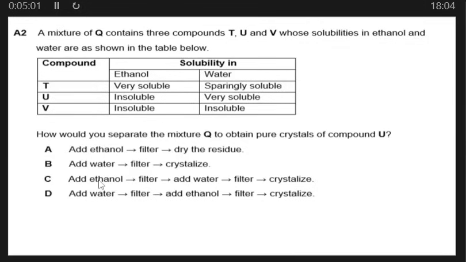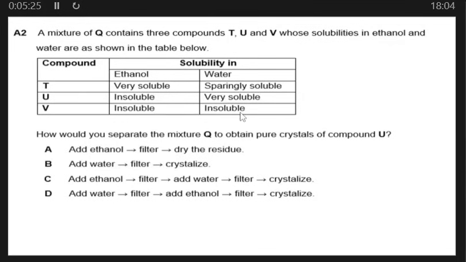C is saying add ethanol and filter. So when you add ethanol, T will dissolve. So U and V will remain. So you filter, and T will come out in the filtrate because it dissolved. Then again you add water because you remain with U and V. When you add water, U will dissolve.